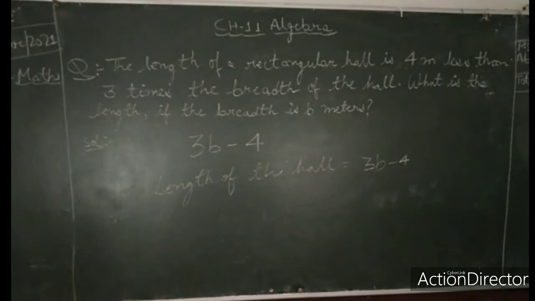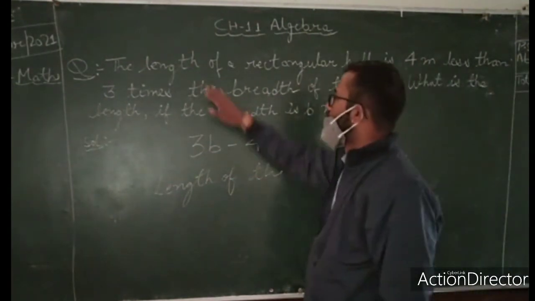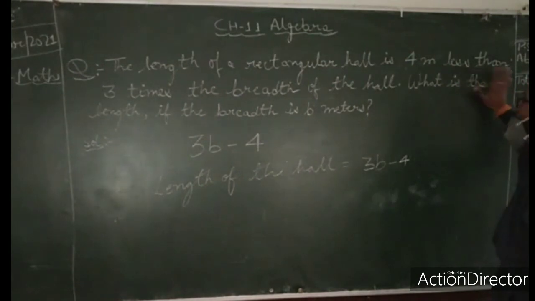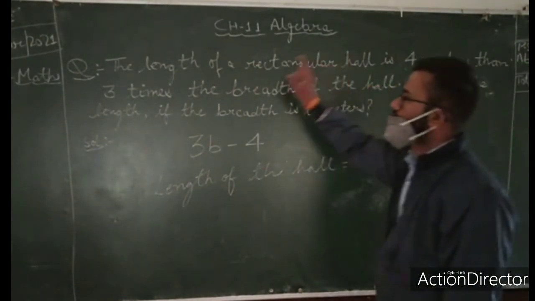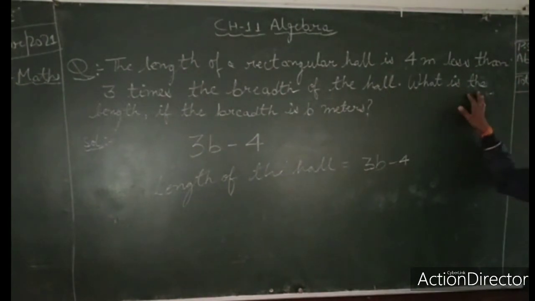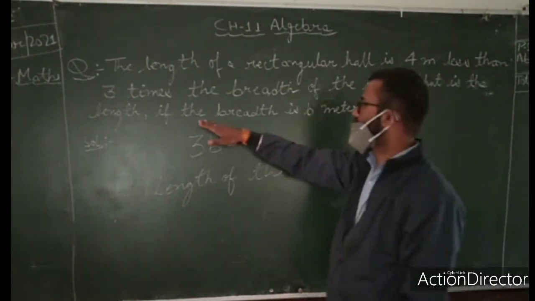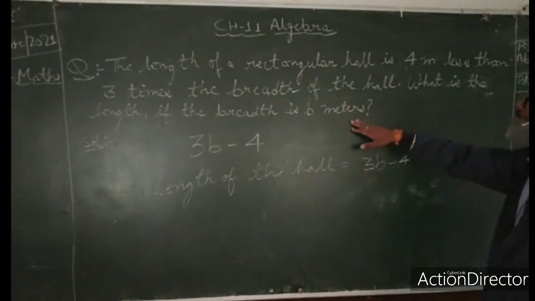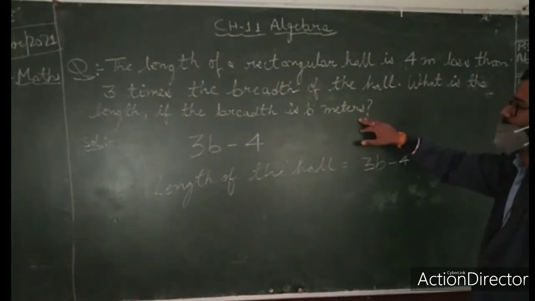Now the next question. The length of a rectangular hall is 4 meters less than 3 times the breadth of the hall. What is the length if the breadth is b meters?